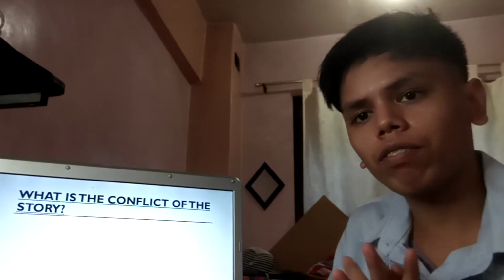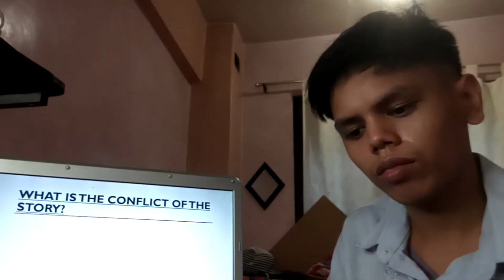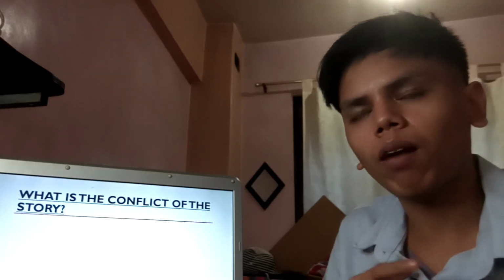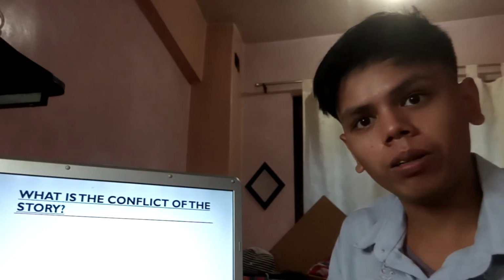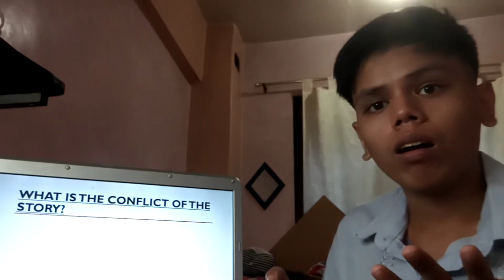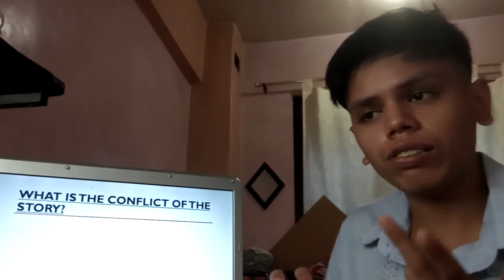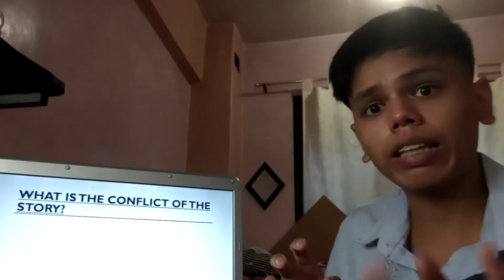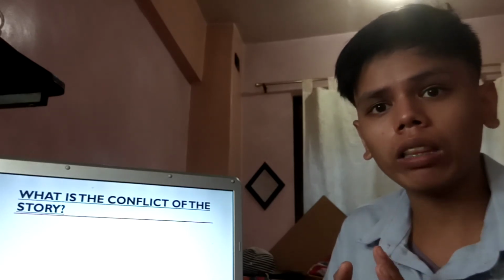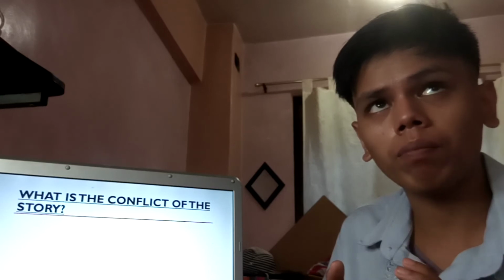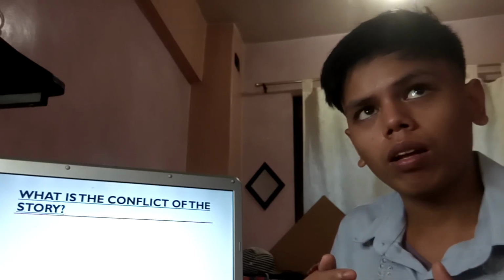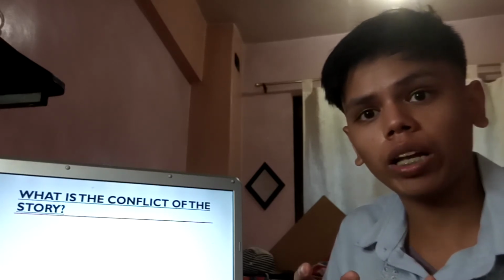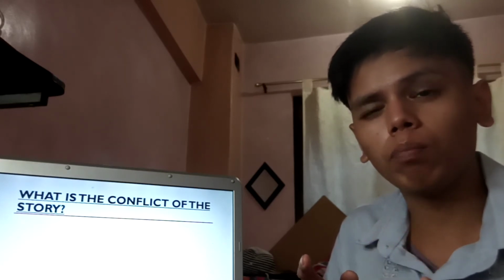So what is the conflict of the story? What do you think is the problem of the story, class? Okay, very good. So the problem in the story is the two little pigs decided to build their houses using light materials, not knowing that it will be dangerous for them, and their houses will be destroyed easily by someone who wants to do bad to them.